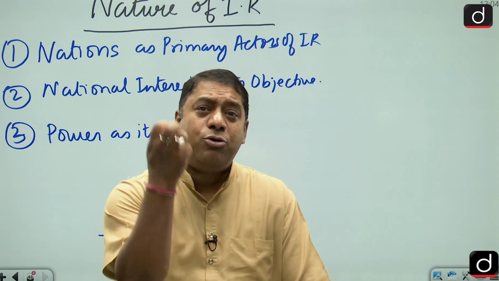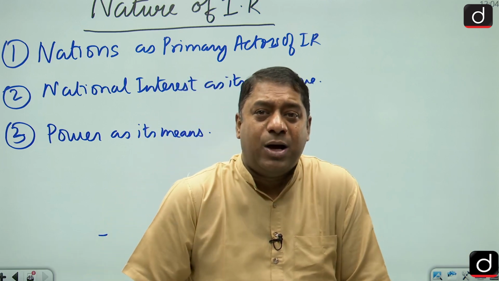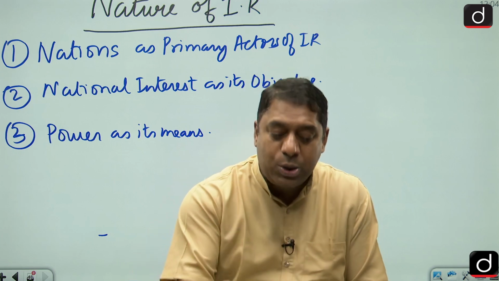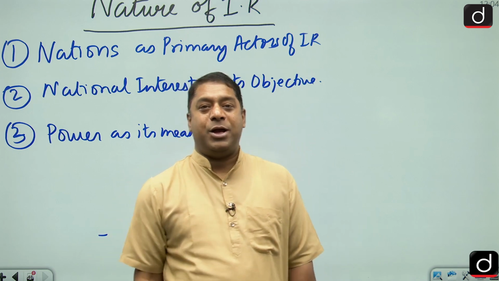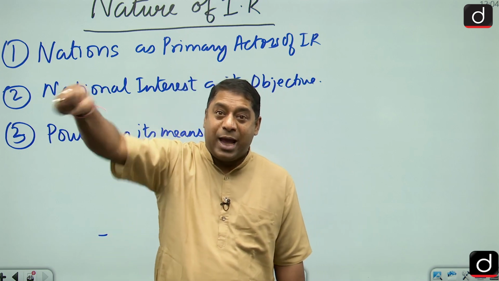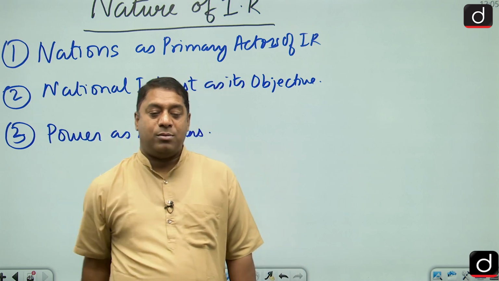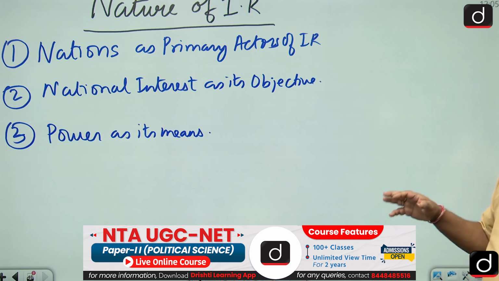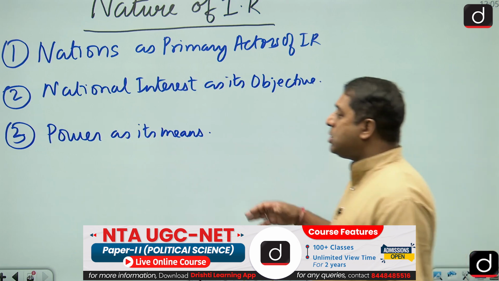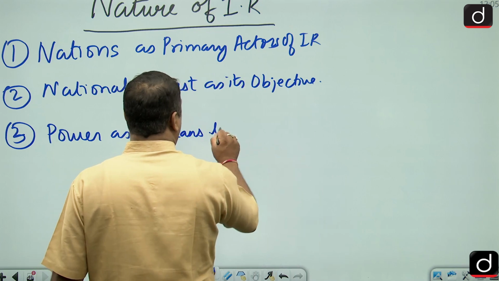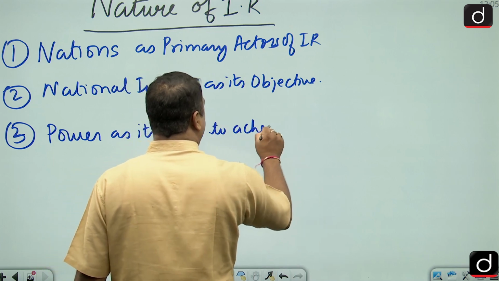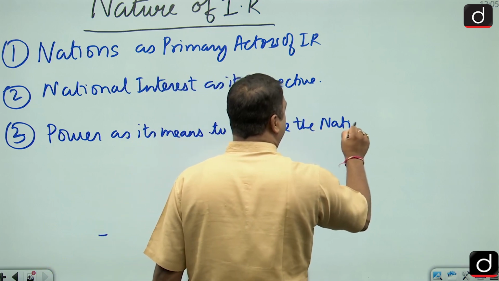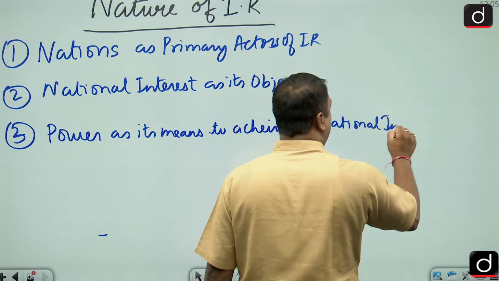But how are they going to achieve the goals of the national interest? They are going to achieve the goals of the national interest by using control over other nations. Control over other nations कैसे कर रहे हैं? Using power. That means here power is the means. Power is the means to achieve the national objective या national interest.